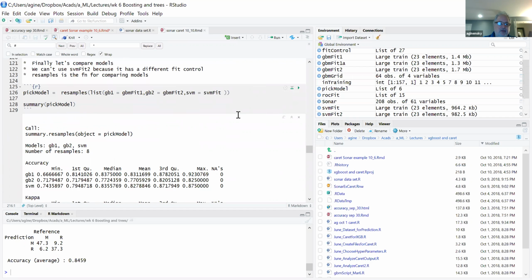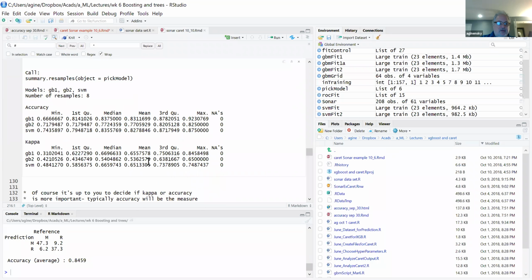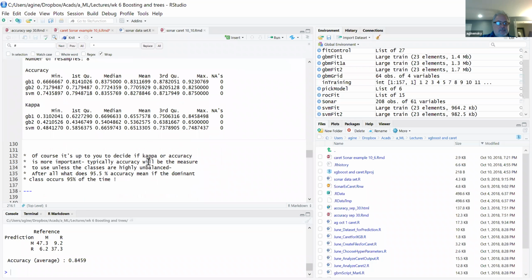I just picked 3, and you can compare them overall. On average, the gradient boosting model was slightly better, but very close. The gradient boosting and support vector machine worked about as well. In this case they're pretty close, but you can decide which is more important to you, kappa or accuracy.